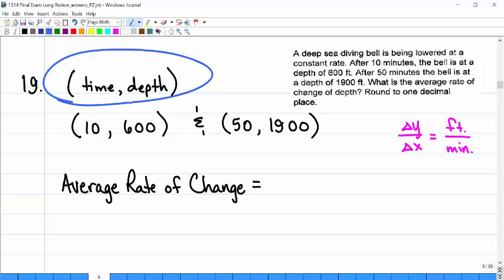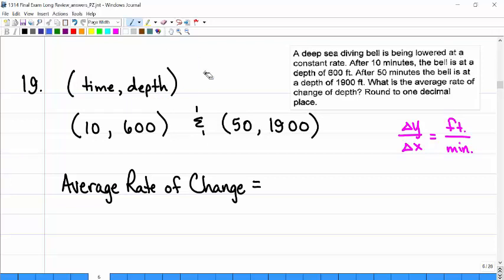My x value is going to represent time, and my y value is going to represent depth. It says after 10 minutes, I'm at a depth of 600 feet. So I have one point being 10, 600. It also tells me that after 50 minutes, I'm at a depth of 1900 feet. So I have a second ordered pair, 50, 1900.